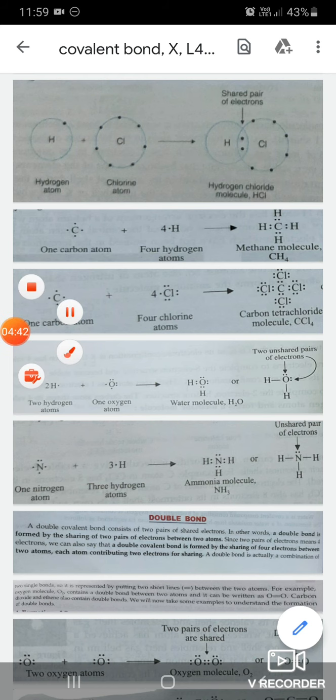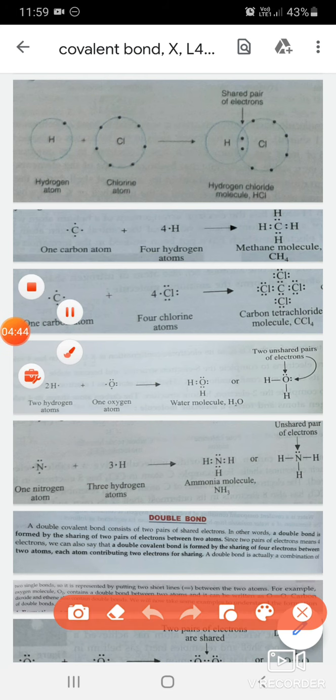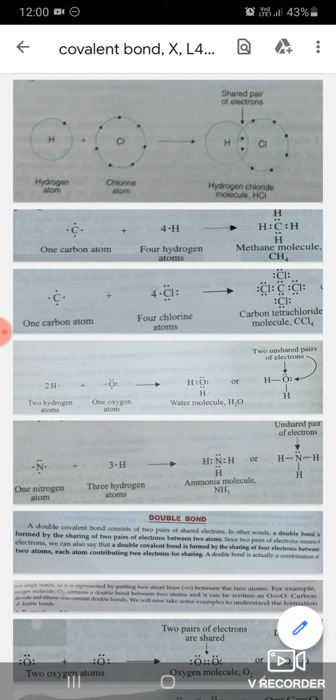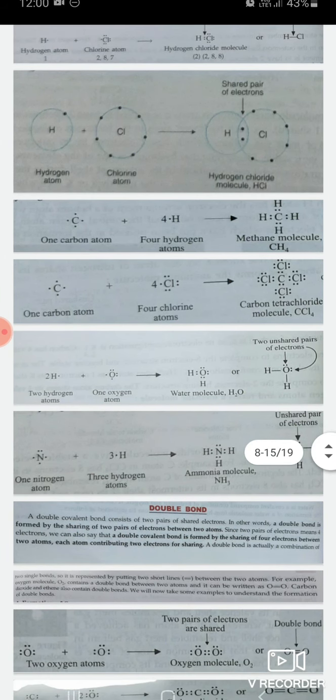In the surrounding of this carbon, you can see there are 8 electrons, and each hydrogen has completed 2 electrons, right? Okay.